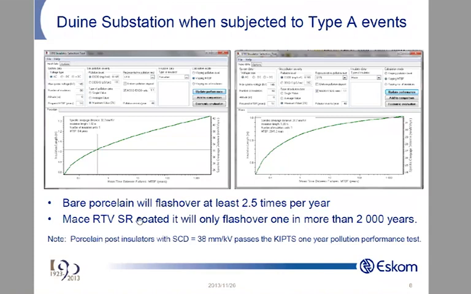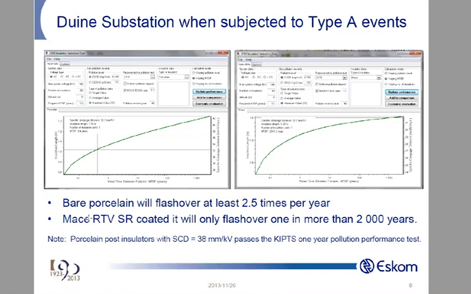Since we put on the coating, we haven't had a single flashover up to now, and it's going to be a long time for us to wait for 2,000 years. But remember, that is for pre-deposit type of pollution. With pre-deposit pollution, we have 2.5 times per year for the bare porcelain, and we're looking at one flashover for the coating.